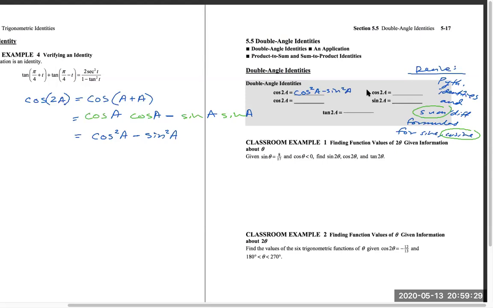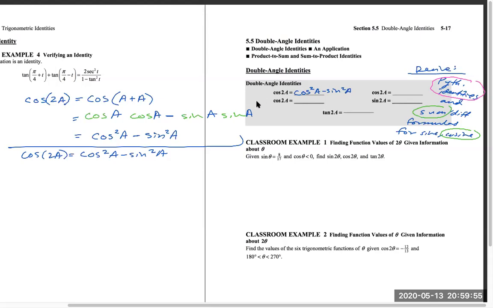Okay. Now let's show that we can continue to manipulate this. So cosine of 2a is equal to cosine squared a minus sine squared a. So let's use a Pythagorean identity here.